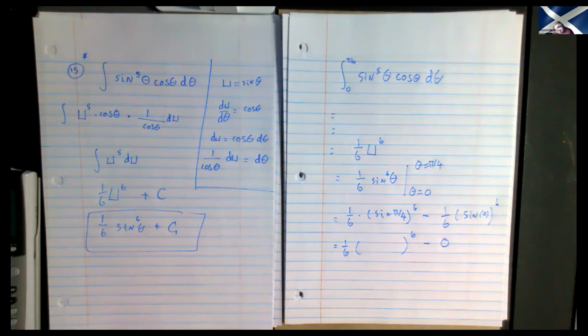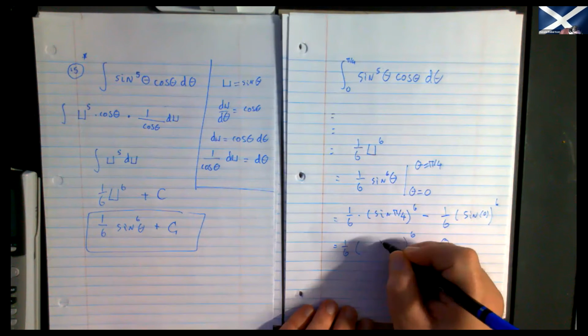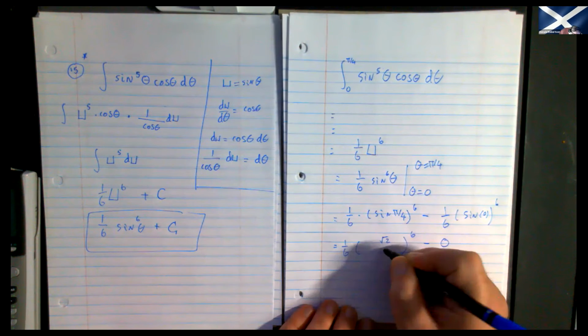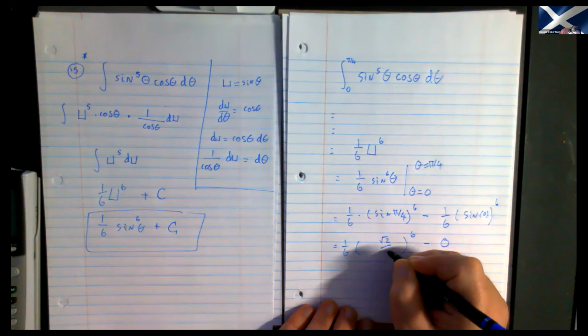Whatever it is, I still need to know the exact value for the sine of pi upon 4. Who is that guy? I see some. The square root of 2 over 2. Yes.